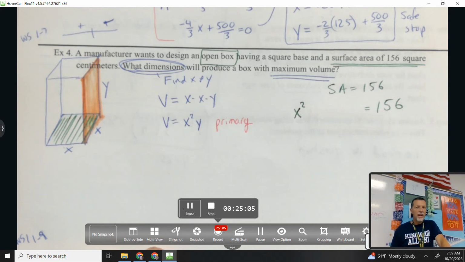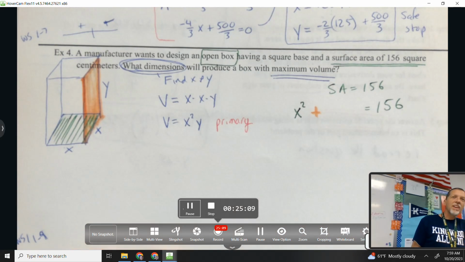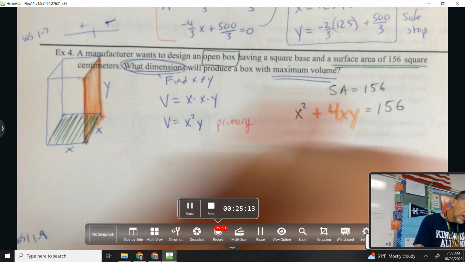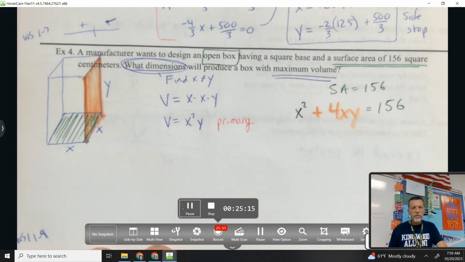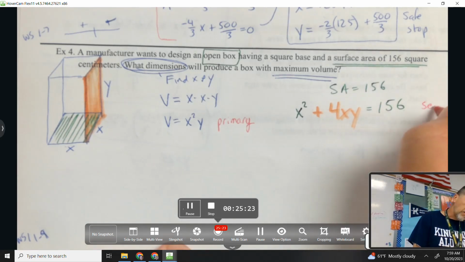And how many panels are there? 4 of them. So x squared plus 4xy equals 156. That would be my secondary equation.